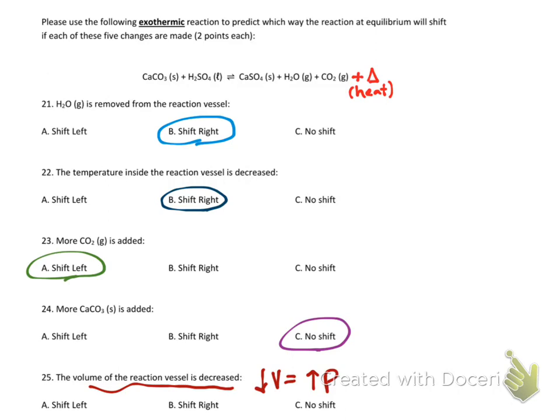So the reaction will shift to the side that has fewer moles of gas. Which side is that? So we have 0 moles of gas on this side, we have 2 moles of gas on this side, the reaction then would shift to the left, because that shift would help alleviate the pressure, because we'd be removing gaseous molecules and turning them into solids and liquids which do not exert pressure. So this will cause a shift to the left.